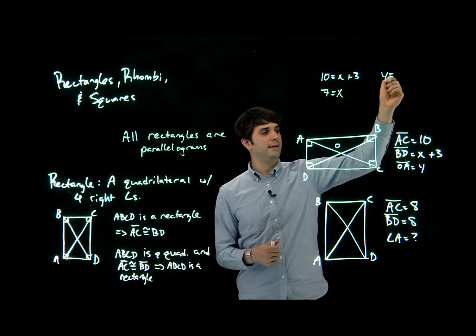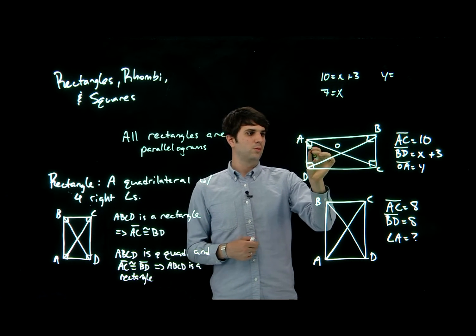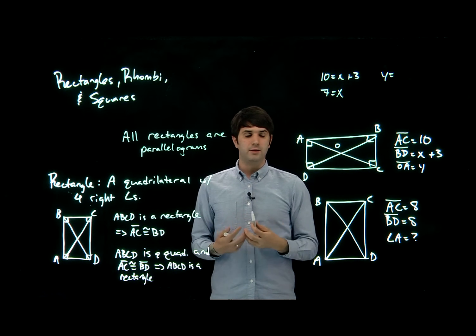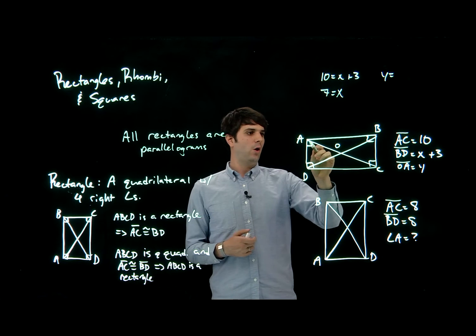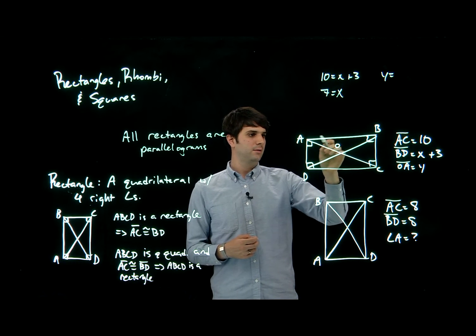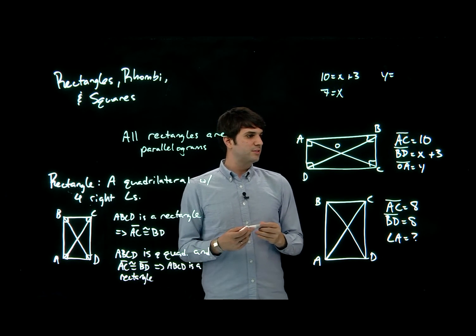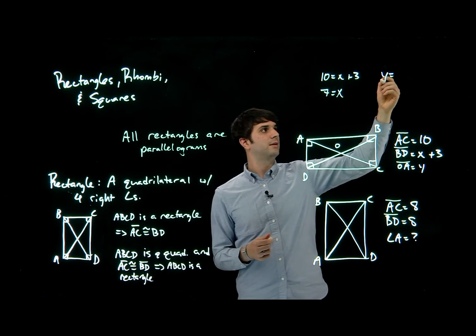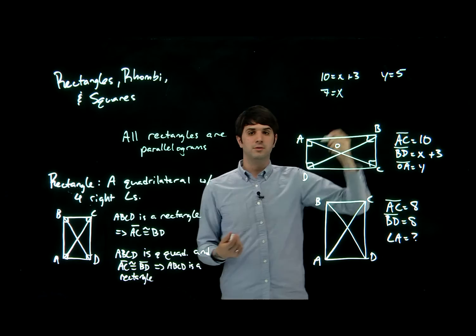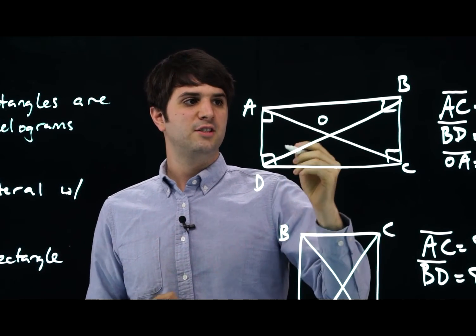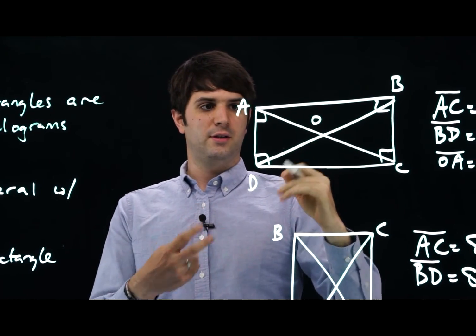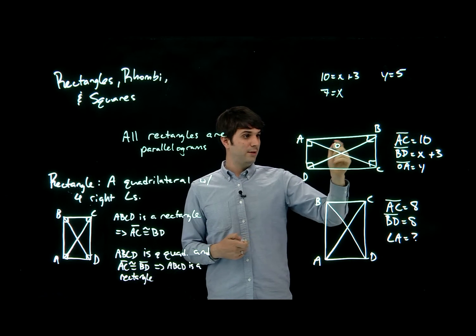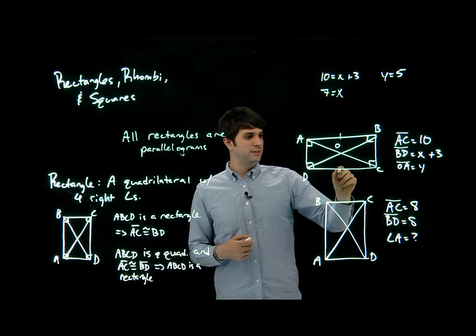Now, what does Y equal? Again, we're looking at OA. Y is going to equal 5. Let me give you the answer and then explain. In this setup, we know that AB is congruent to DC.